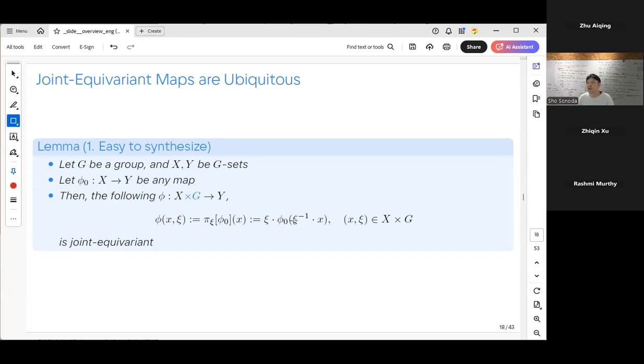And regard the group element G itself as a parameter. Then the obtained function phi of x times G to y is joint equivariant. That's a canonical way to obtain a joint equivariant map. So in this case, the group G itself will be a parameter.